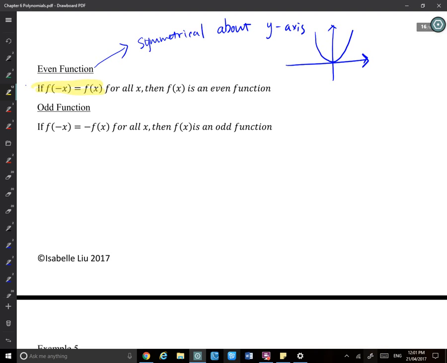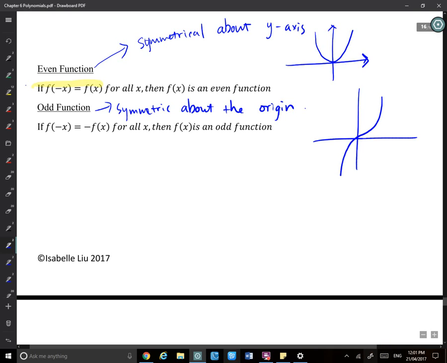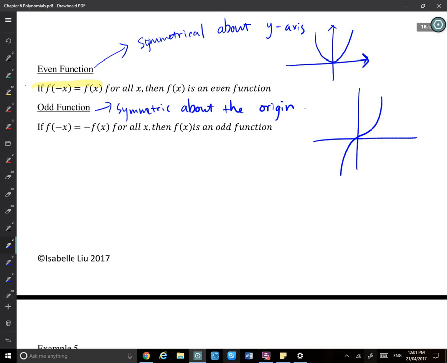And the odd function, what's the odd function? It is symmetric about the origin. Okay, not symmetric about the x-axis. It's symmetric about the origin. So what's symmetric about the origin? That graph is symmetric about the origin. Okay, if you turn that about 180 degrees, it will be the same.